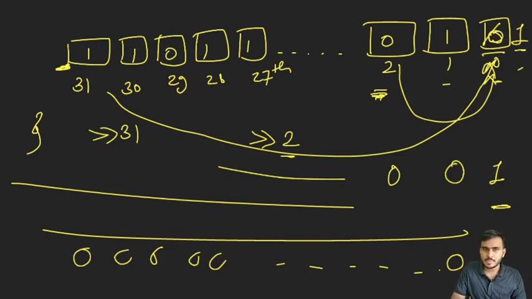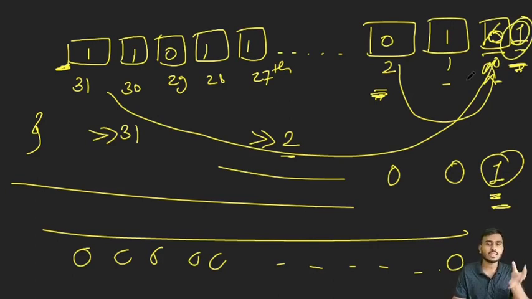So whatever bit is present over here, we are getting it as the output. In this way we can find the nth bit of a number.